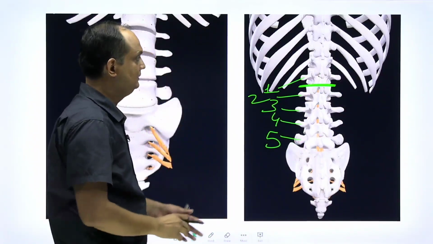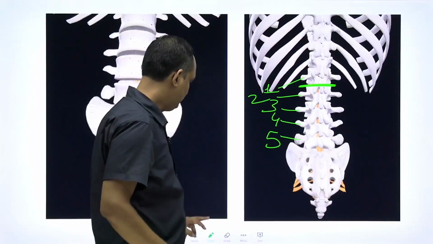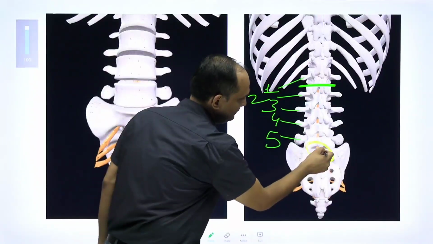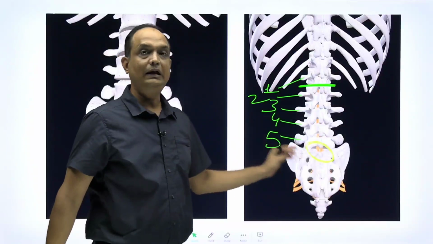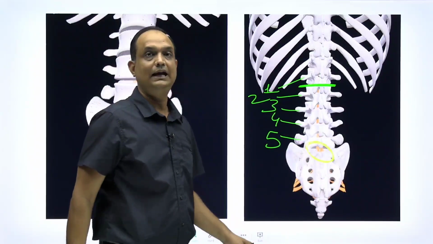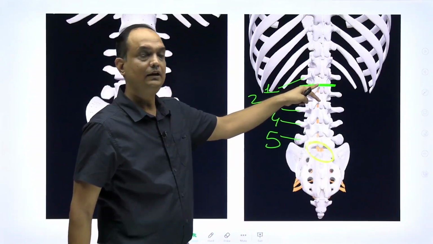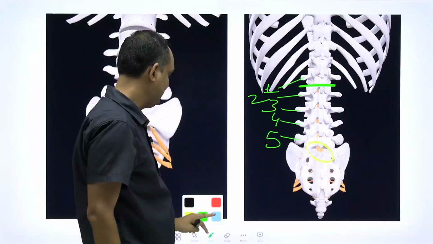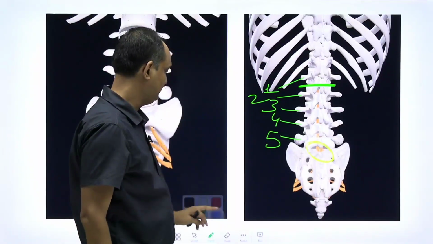But the nerves still go downwards, and in this area you can see the nerve fibers going into the sacral hiatus. So it is very clear that once the spinal cord ends, the nerve roots still go downwards and come out from the adjacent sacral foramina and intervertebral foramina.